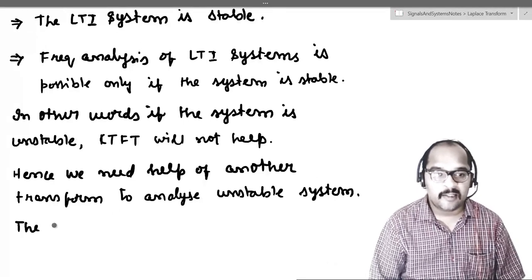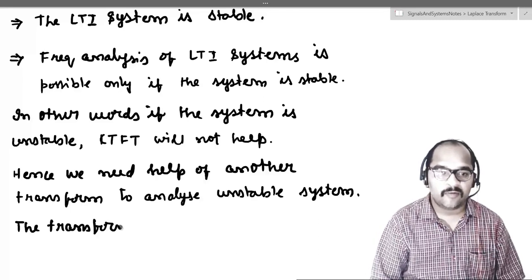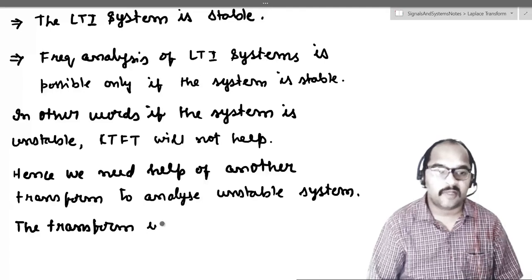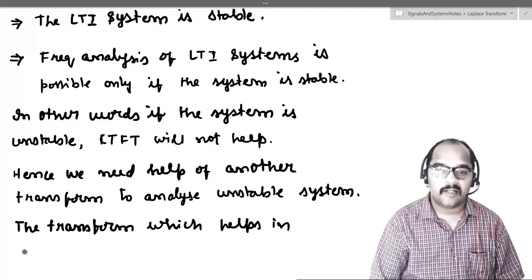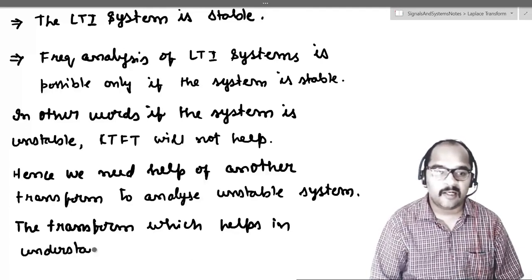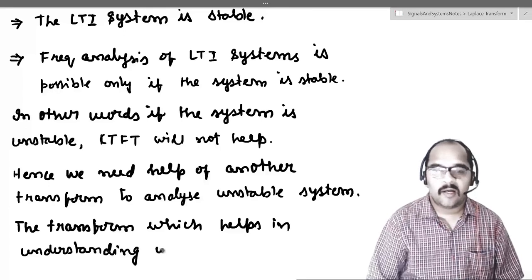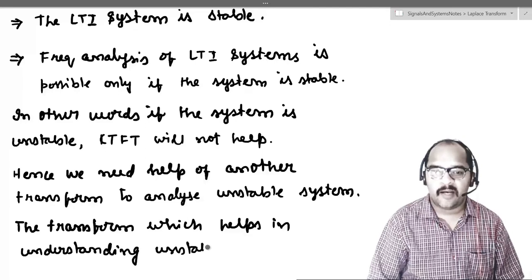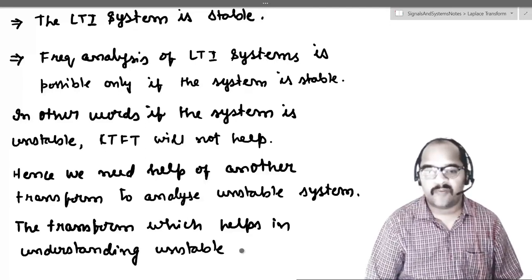The transform which helps in understanding unstable systems is the Laplace transform. I don't say only unstable, we can do stable also, but just for motivation we will say that.